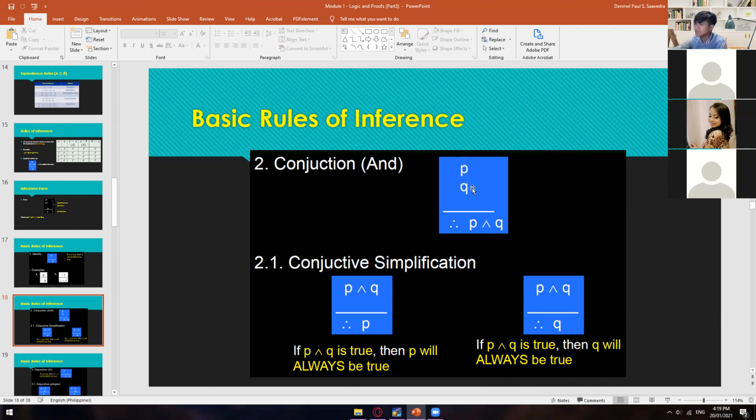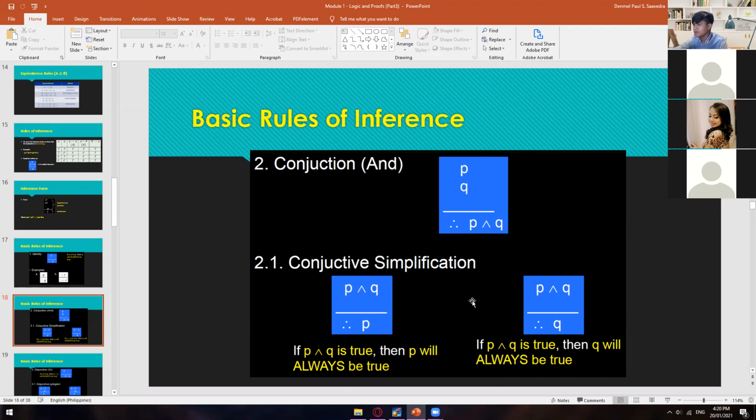So we could say that P and Q is true. Simple as that. So here are the other forms. We have here P and Q, wherein there are no other hypotheses saying that P is false or Q is false. Then we could just simply say that P is true.